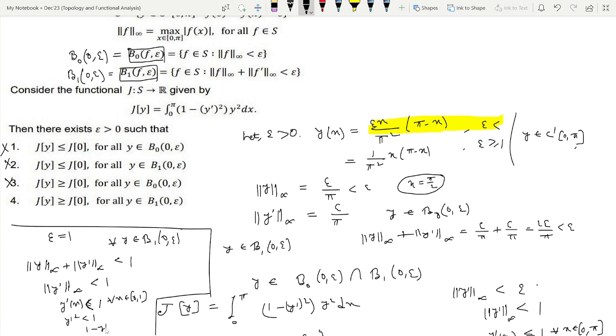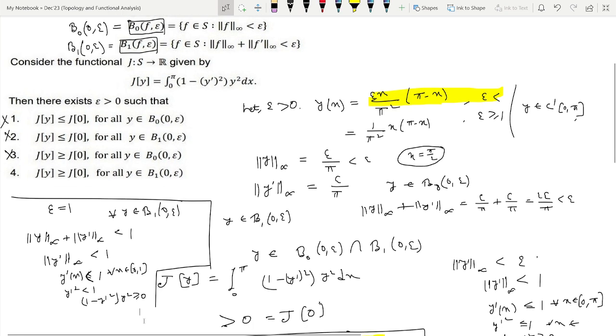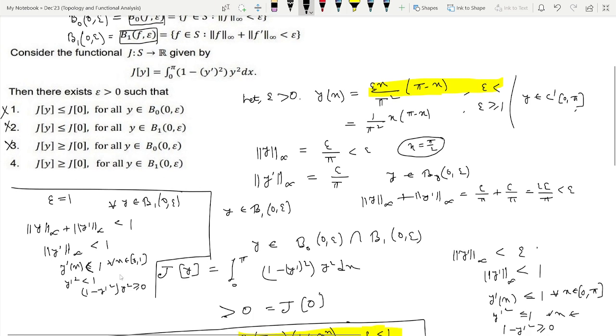So we must have 1 minus y' squared greater than or equal to 0, and also into y squared, that is greater than or equal to 0. So this integrand is strictly greater than 0, as y is not taken as identically 0. So we must have the integral from 0 to pi of (1 minus y' squared) into y squared strictly greater than 0, and this is our J(y), and this 0 is our J(0).